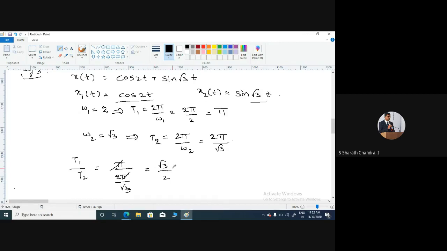Therefore, the ratio of the two periods is root 3 by 2, and clearly T1 by T2 is not a ratio of two integers, because we know that root 3 is an irrational number. Therefore, the signal x of t, which is the sum of two signals, is non-periodic.